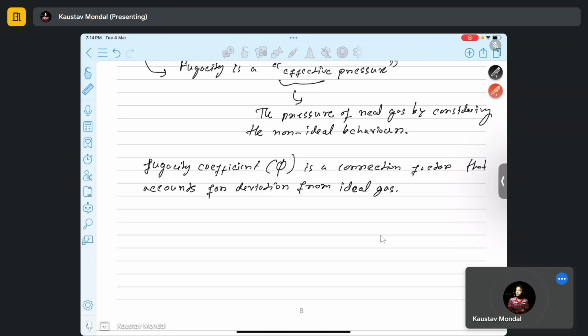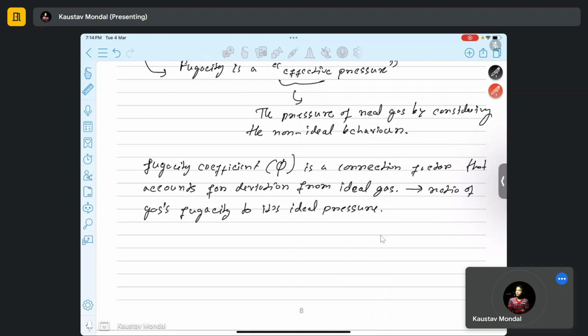So it's basically a ratio of gas fugacity. Gas fugacity means the effective pressure. These are two different things, fugacity coefficient and normal fugacity. So it is the fugacity to its ideal pressure.